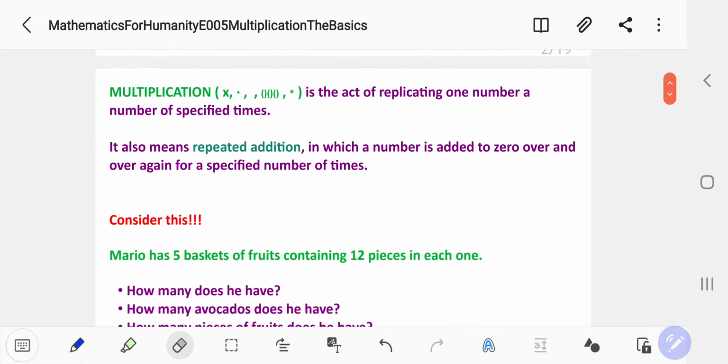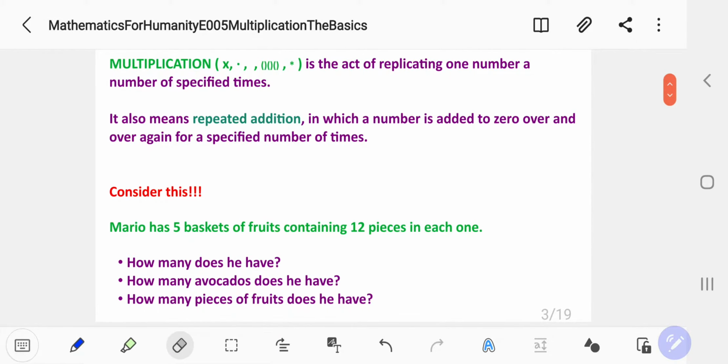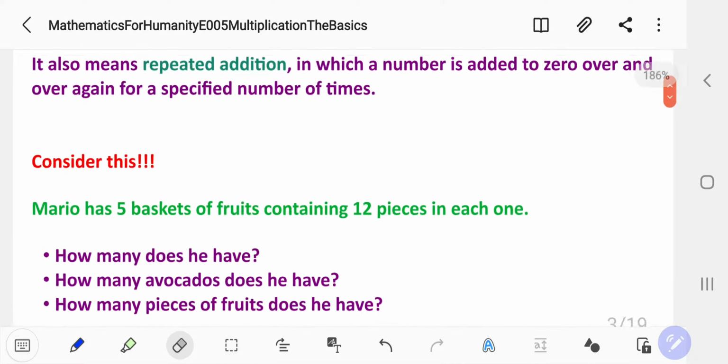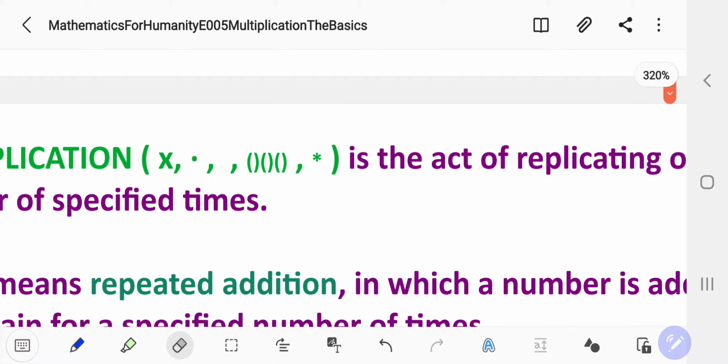So what is multiplication? Multiplication is symbolized by this. So I've used this in the previous slide, you can either use this one, times, or dot, or space, or parenthesis, or asterisk.